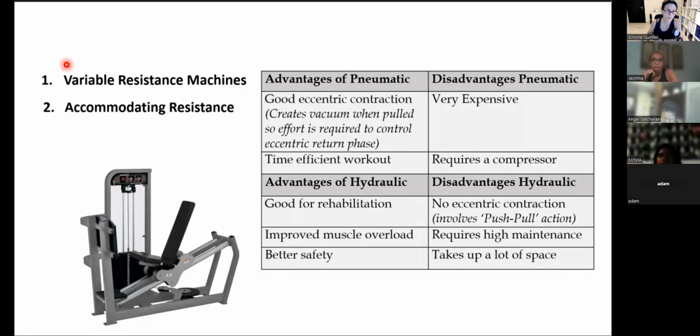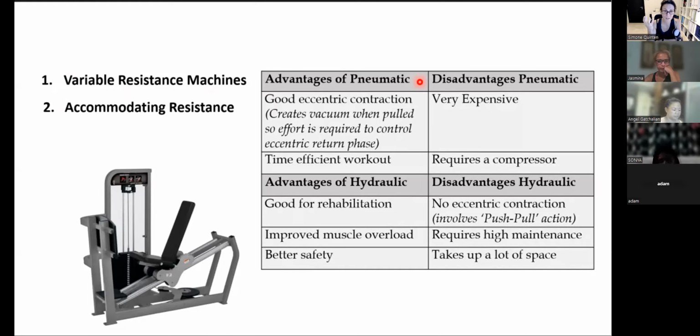Okay. So you do have variable resistance machines, and you have accommodating machines. The variable resistance machines, most of the time they are pin loaded machines. Okay. And the accommodating resistance is done not physically, like with cables. They're using pressure.